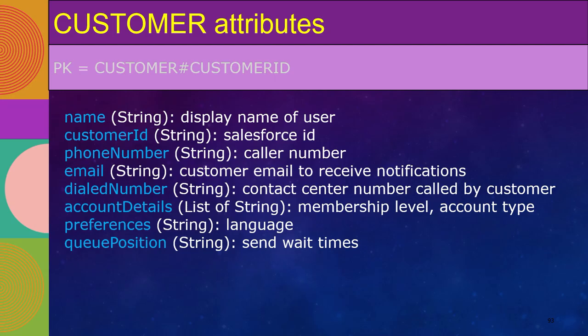Now the customer, you're searching by customer. You've got to decide, are you searching by the customer's name, the customer ID, the phone number, or the email? So that's still up in the air. And then there's a dialed number, which I'm assuming is, at the moment, the contact center number called by the customer.